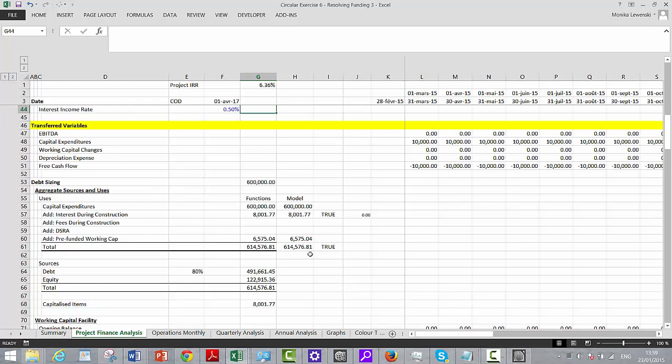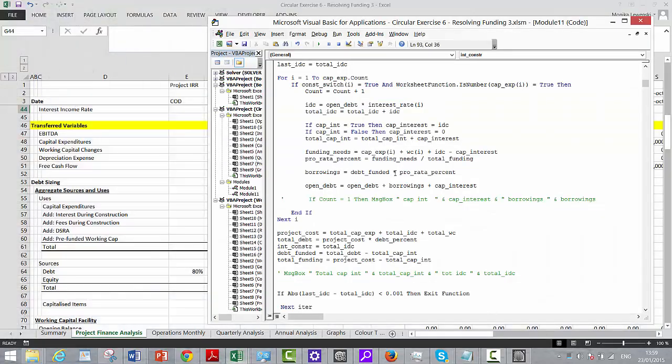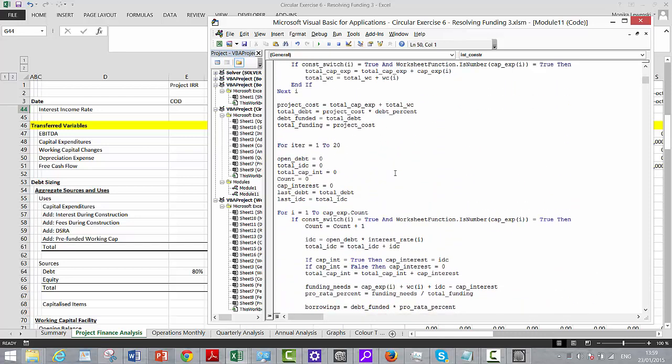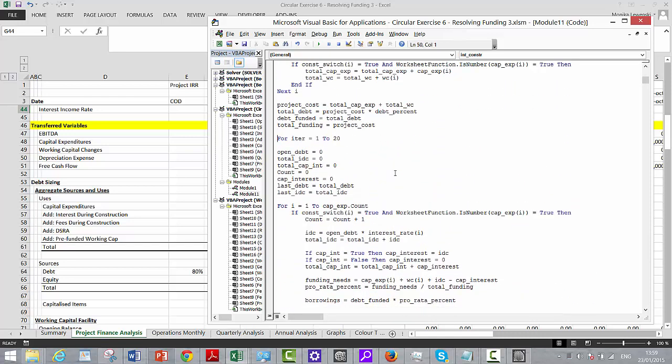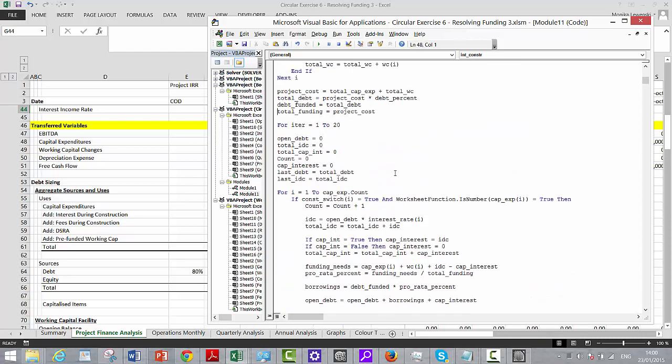Okay, here was the mistake I made on the last one. Excuse me for that, sorry. In this case, what I had done is I had put the total funding as the project cost minus the total IDC here, and I put it up here, so the project cost was computed here, and then the IDC, for some reason, had to be before the iteration loop.